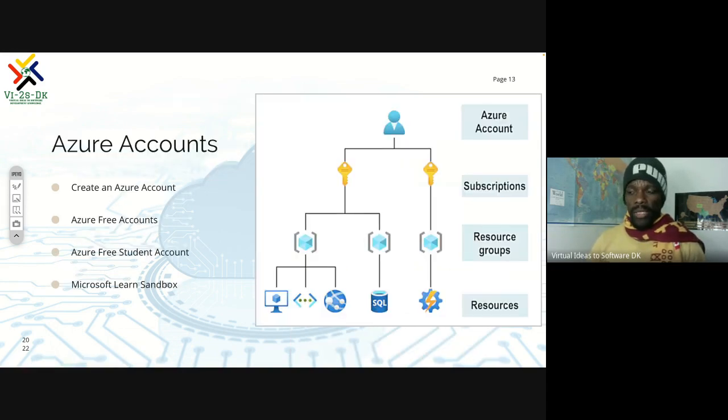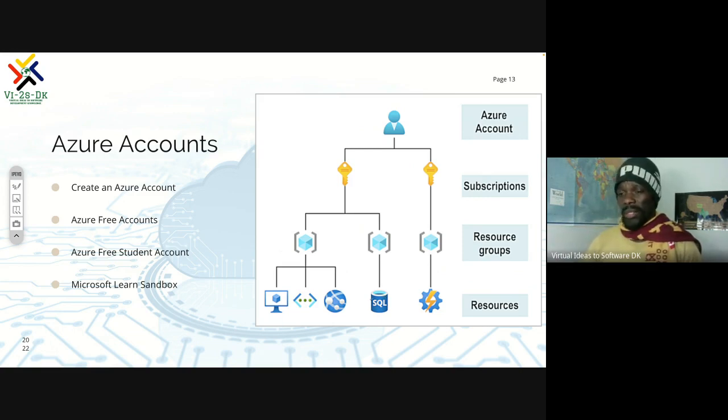All right. So with that, just a recap again, you create an Azure account. When you create an Azure account, it gives you a subscription. Based on that subscription, it's always advisable to create a resource group. Within that resource group, you can start adding resources. If you give someone access, I can decide that I'm going to give Egbe access to SQL.